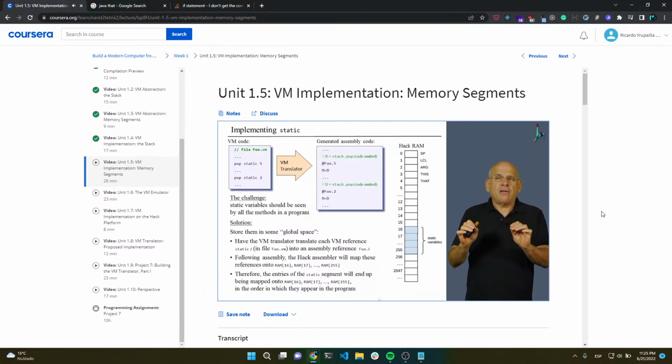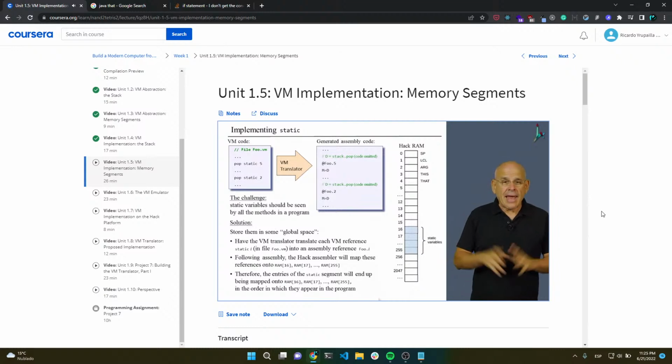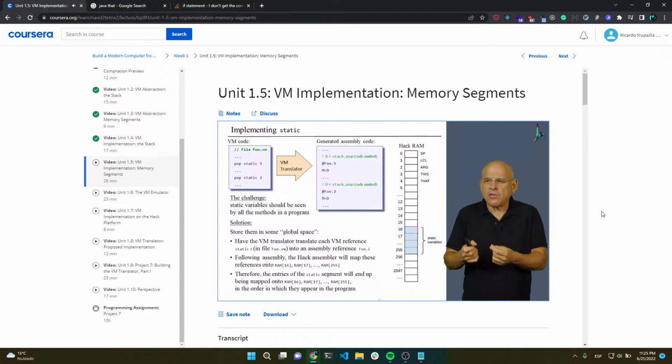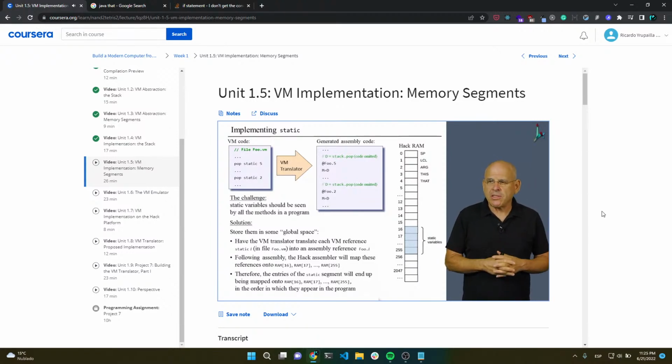And it is only here in the implementation of static variables that we take an exception to this platform independence elegance, and we actually take advantage of something which is unique to the Hack assembler.